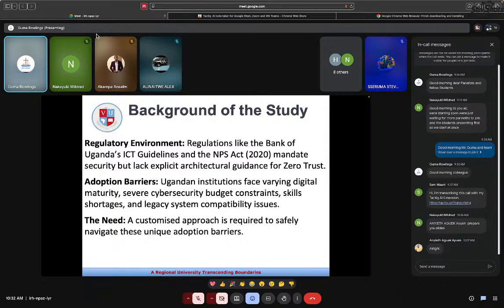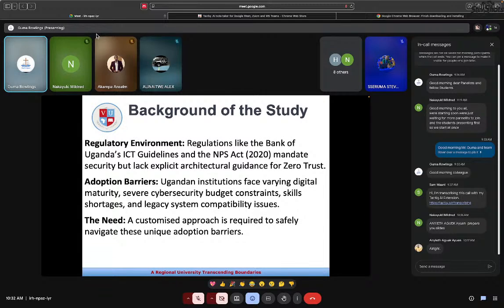So when you go at our institutions, our banking institutions, they face varying digital maturity levels. You look at, for example, developed banks. We have developed banks like Standard Chartered.